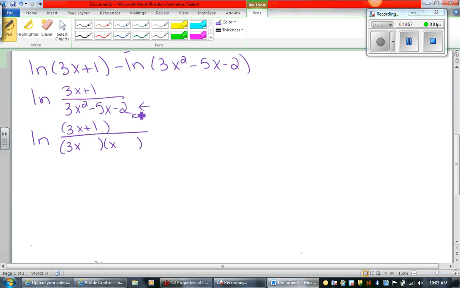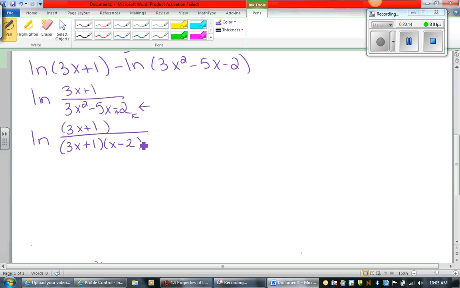A little hint: notice that this is 3x plus 1. The goal usually is to get something to simplify to 1. So I'm going to put a 3x plus 1. The signs are going to be different because this is a minus, so this would be minus 2.